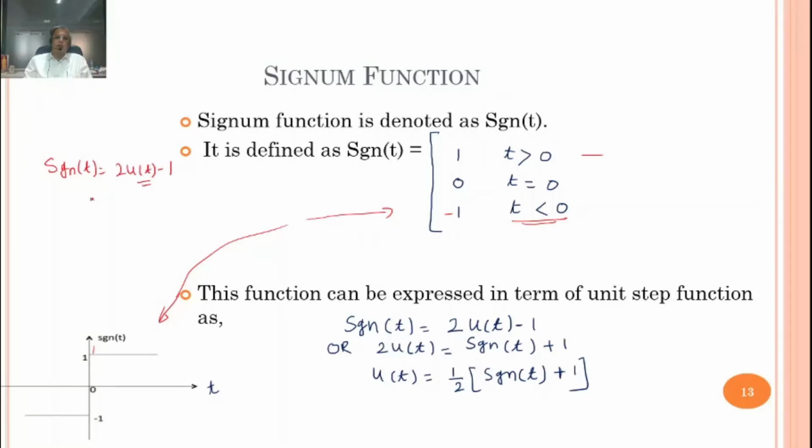For positive values of t, this is 1, 2 into 1 minus 1, means this becomes 1, as this function exists only for t greater than or equal to 0.